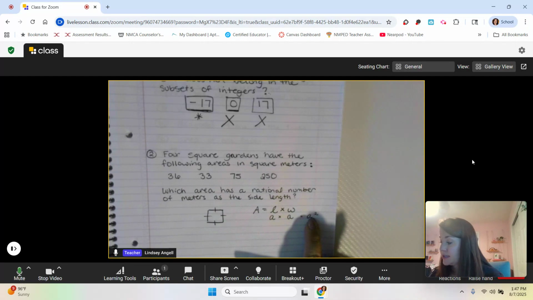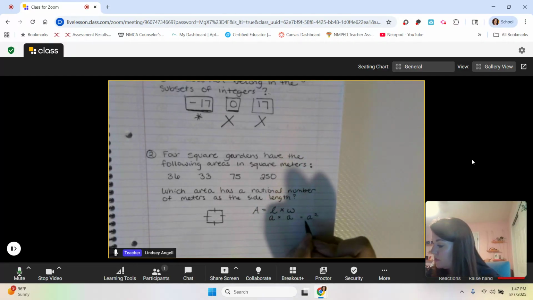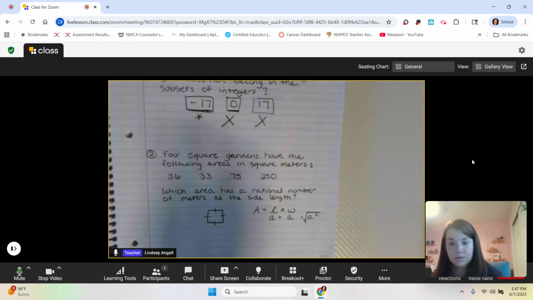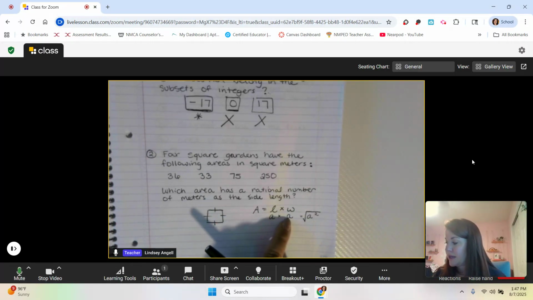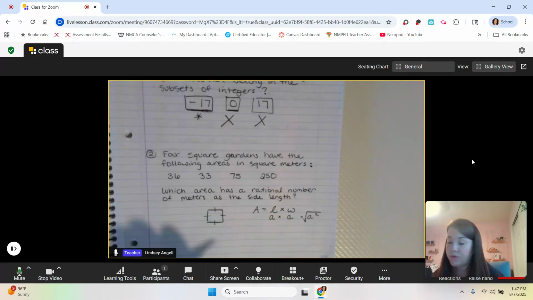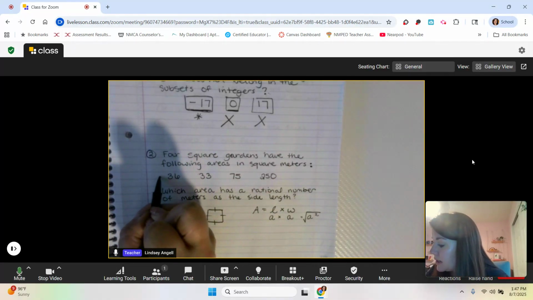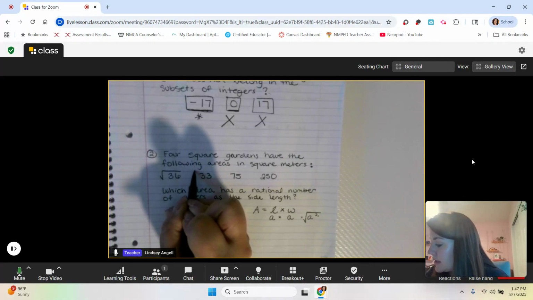Because to find the square root of a squared number, there's that symbol right there. Those cancel each other out, and that would bring us back to finding A, or the length of the square. So what we need to do is find the square root of each of these.